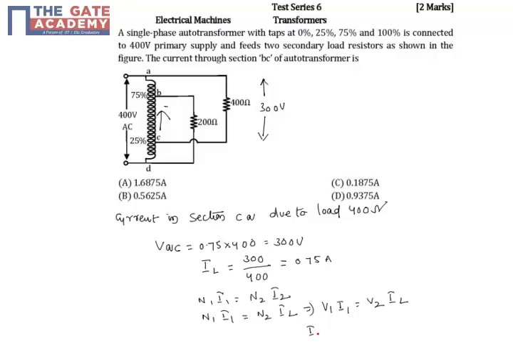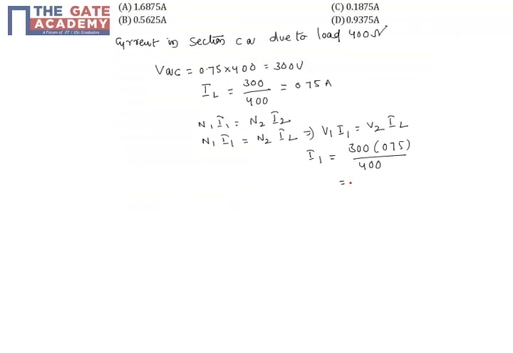So I1 equals, V2 is 300, the load current is 0.75, by the supply voltage, 400. If you simplify this, you will get 0.5625 amperes. So this is the input current from the supply.